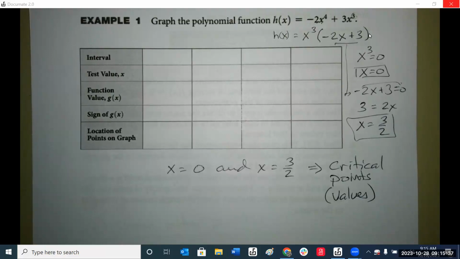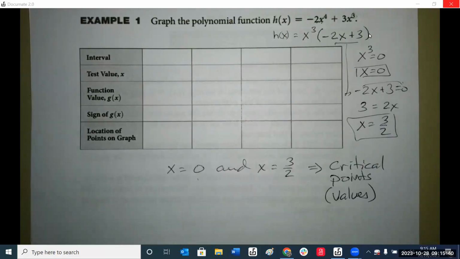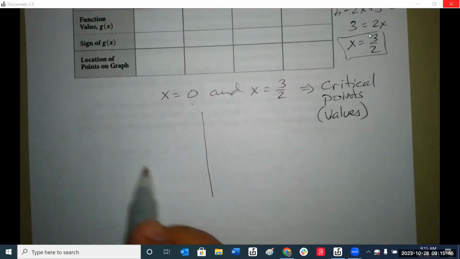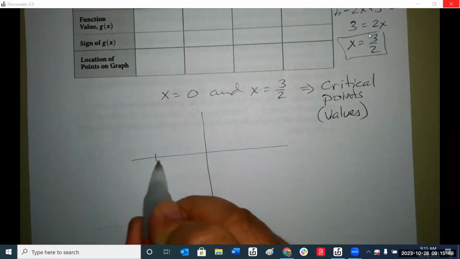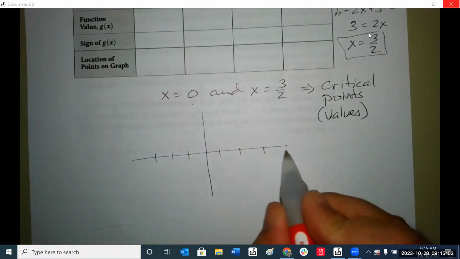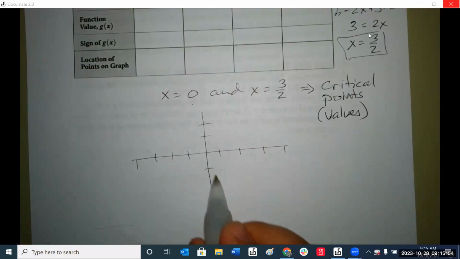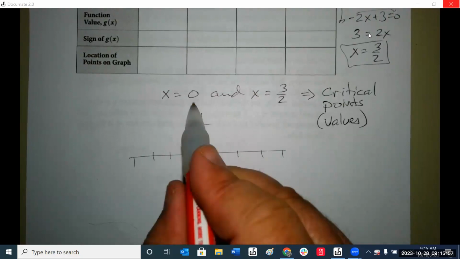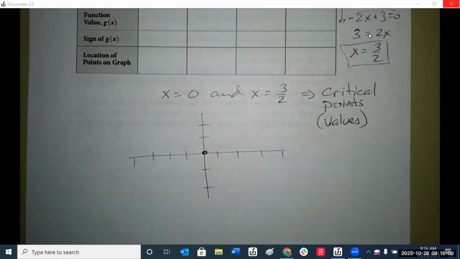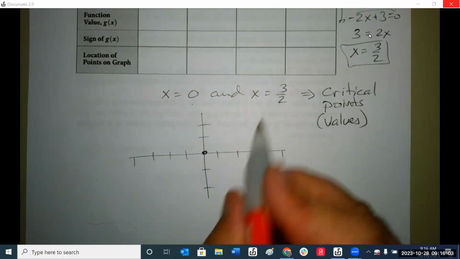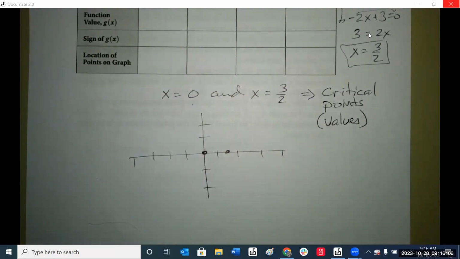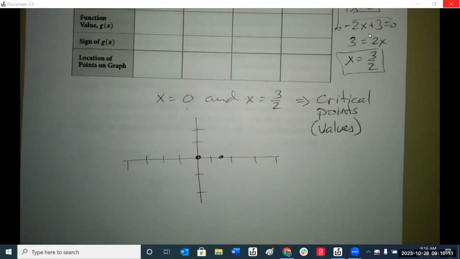What it tells us is this: since these are my x-intercepts, if we look at the graph, our x-intercept is at 0, and our another x-intercept is at 1 1/2. Those are my x-intercepts. We have to know what happens on this side between there and those.